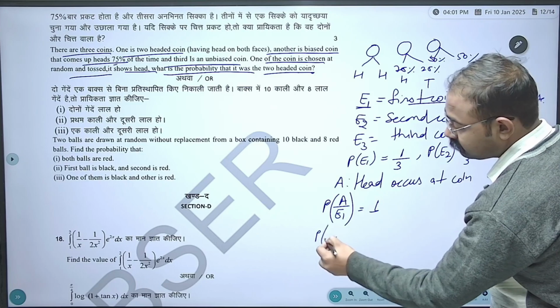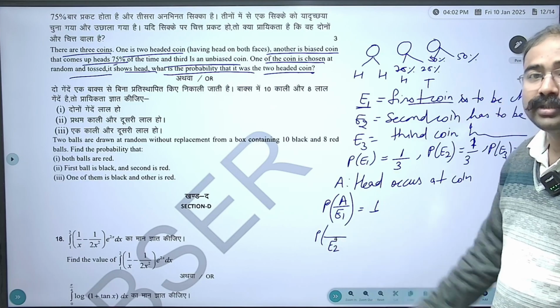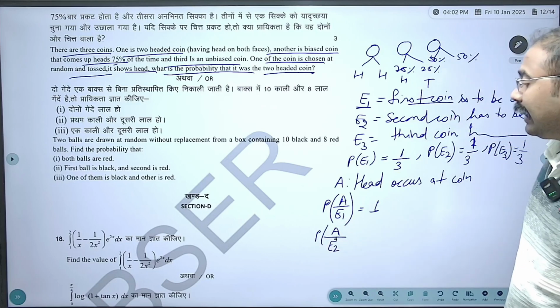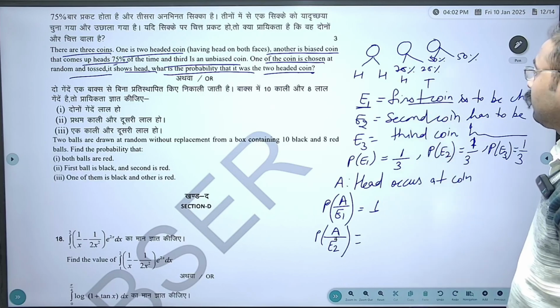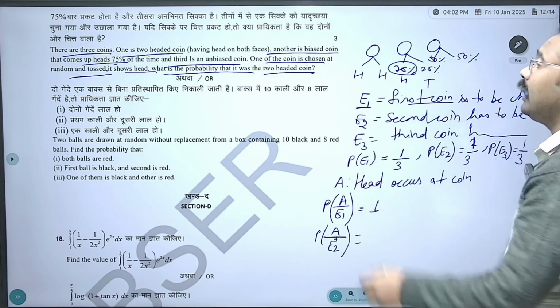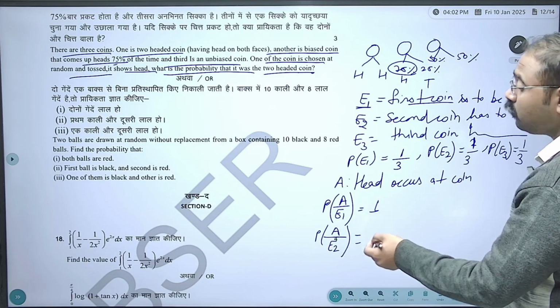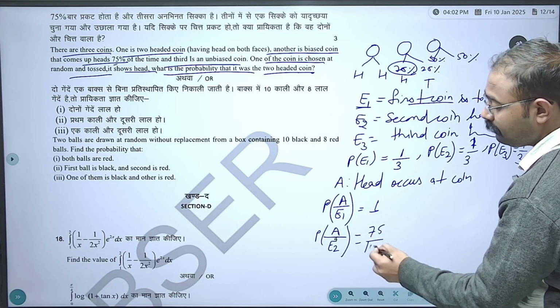Then E2 means the second coin is chosen, and A means we are getting head. Now the second coin gives head 75% of the time. So the probability of head on the second coin is 75%, means 75/100.